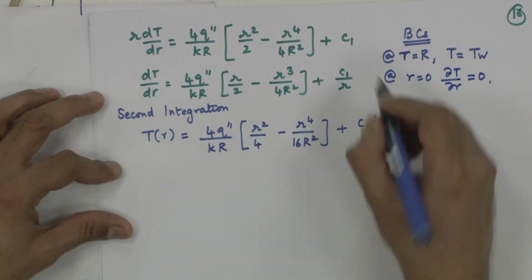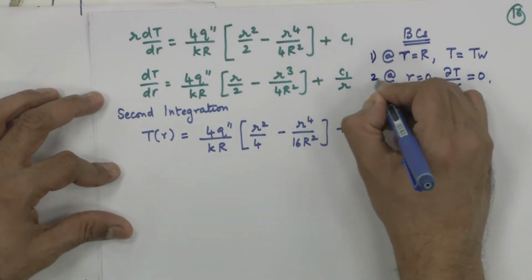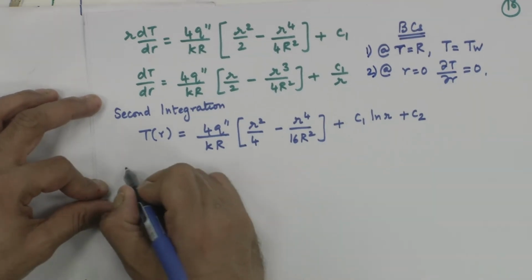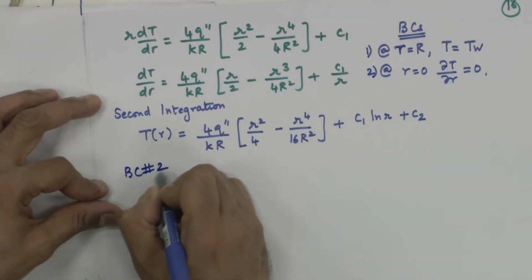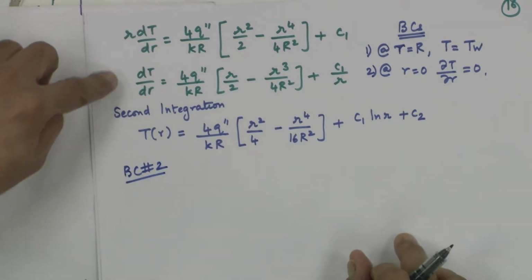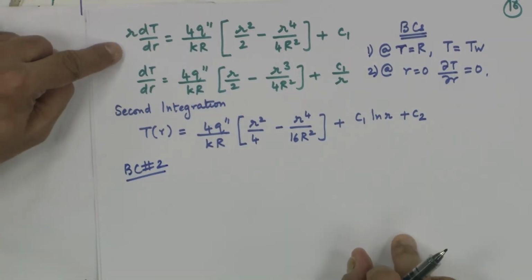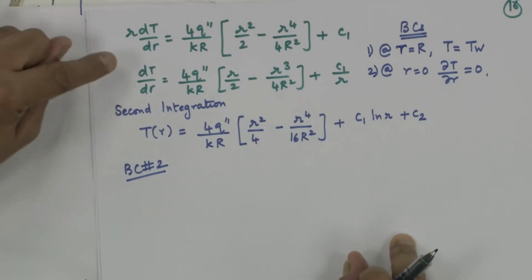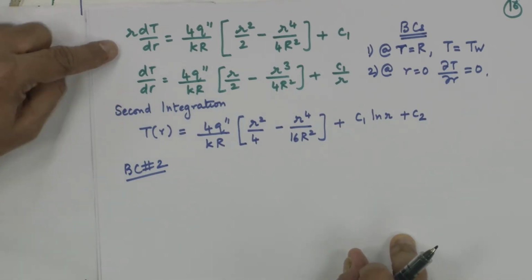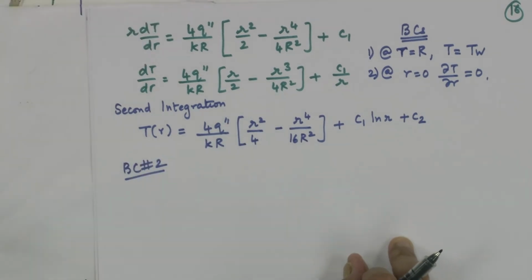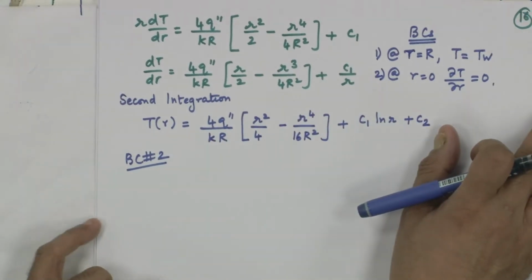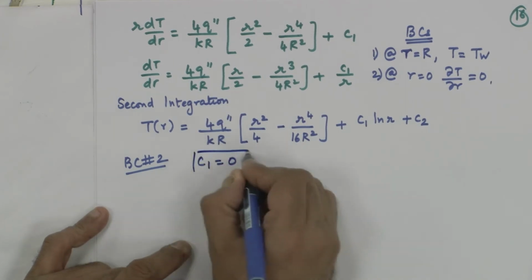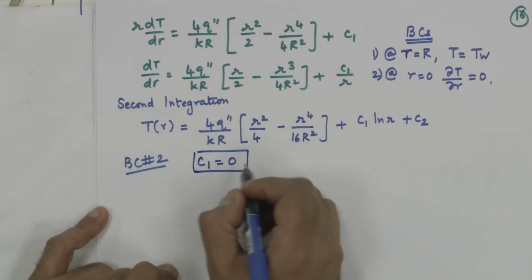Therefore, I substitute boundary condition number 2 in my expression here, first one. I do not use this because it is not so nicely manipulative. So, at r equal to 0, dT by dr equal to 0, left hand side is 0, substitute r equal to 0, I get C1 is equal to 0. This was exactly what we got in the velocity profile, correct.